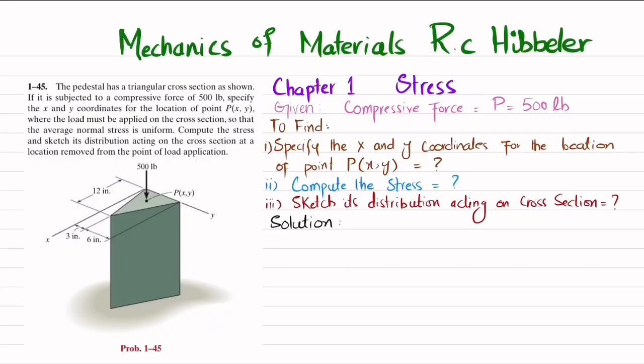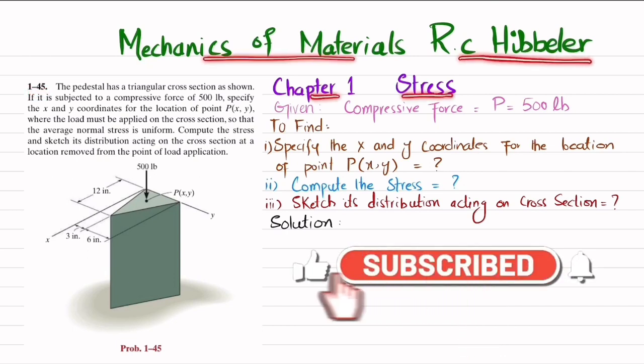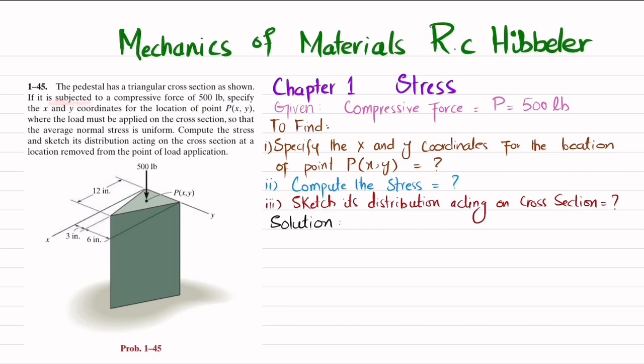Welcome back. Problem 1-45. This problem is taken from chapter number 1, that is stress, and book name is Mechanics of Materials by R.C. Hibbeler. So the statement is: the pedestal has a triangular cross section as shown. If it is subjected to a compressive force of 500 pound, specify the x and y coordinate for the location of point P(x, y), where the load must be applied on the cross section so that the average normal stress is uniform.